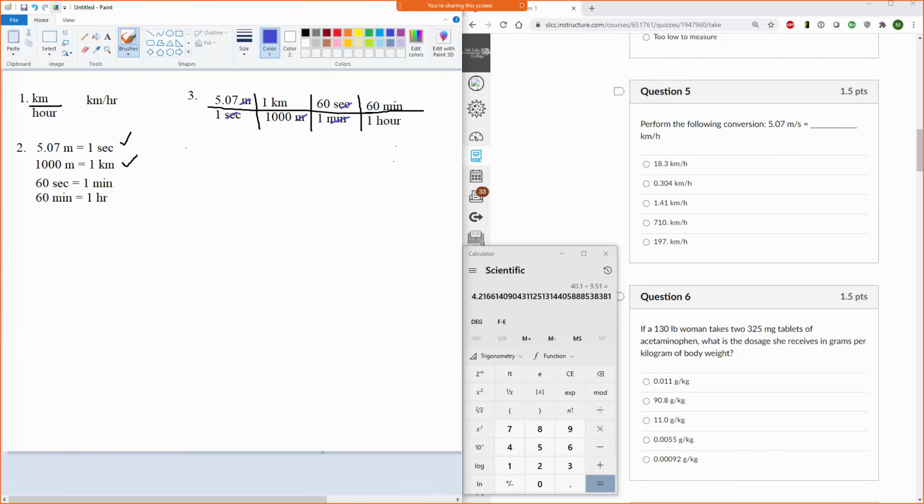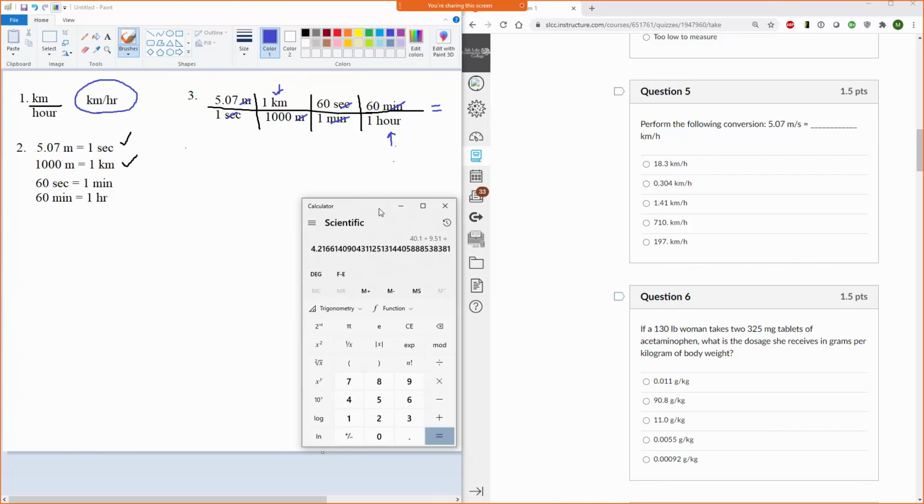My minutes cancel. What do I do next? Perfect. Sarah says plug. That means I'm done, and I need to recognize I'm done because I have kilometers on top and hours on the bottom, exactly as our target units would indicate. So we stop converting, and now we just plug it in.